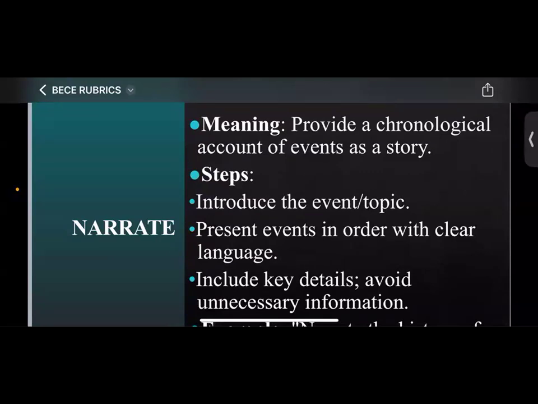When a student is directed to narrate, they are expected to provide a chronological account of events as a story. You are starting from one point to the other, going step by step.